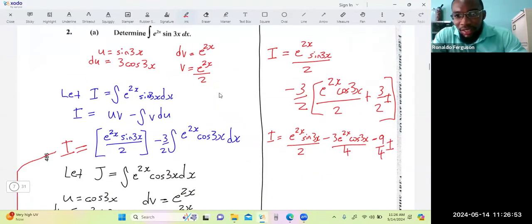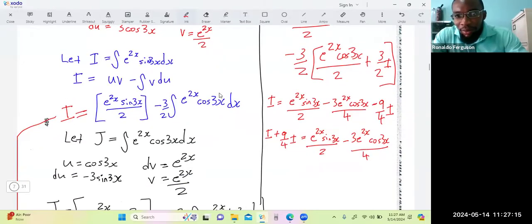I bring that to the other side. That becomes 1 is 4 over 4. So that becomes I plus 9 over 4 I equal e to the 2x sine 3x over 2 minus 3e to the 2x cos 3x over 4.